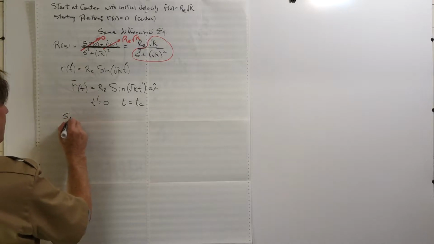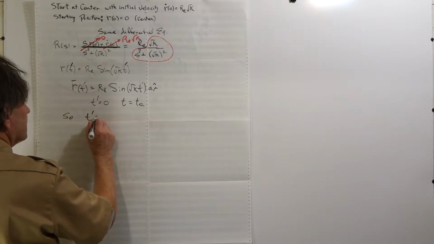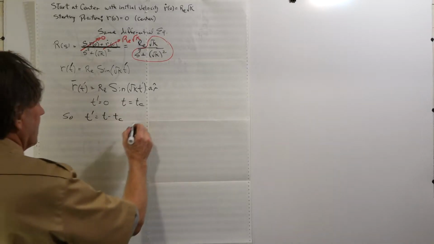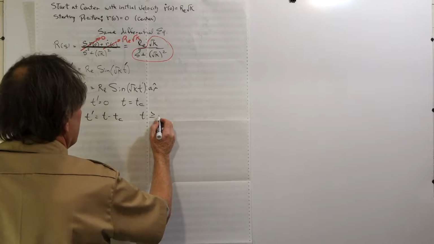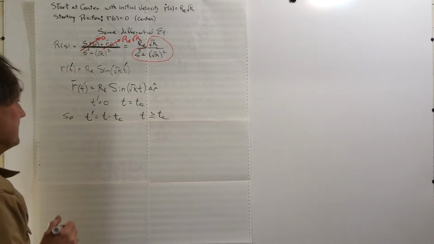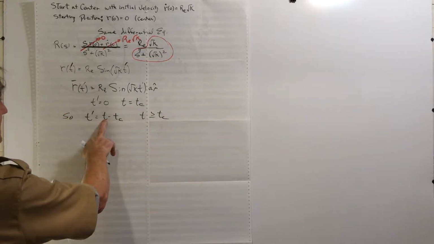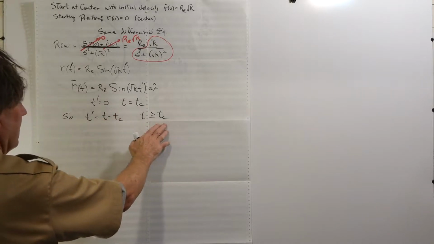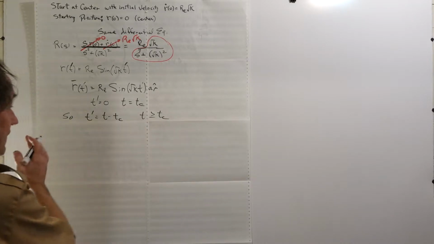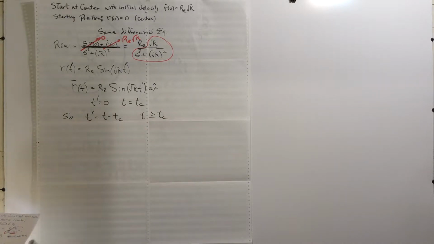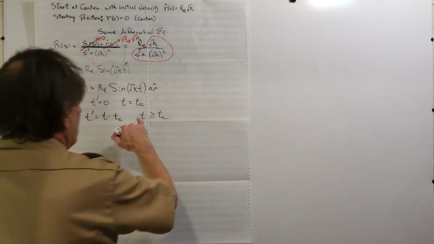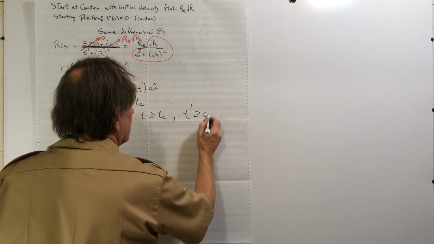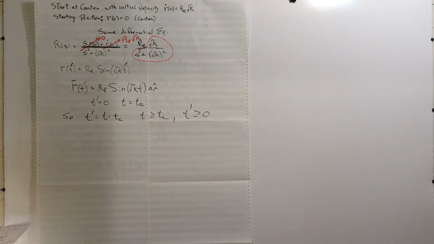So then t primed is equal to t minus tc, where t is greater than or equal to tc. When t is equal to tc, t primed is 0. So we can now do a shift, a translation on our time. So when t is greater than tc, t primed is greater than or equal to 0. So our scales will match there.